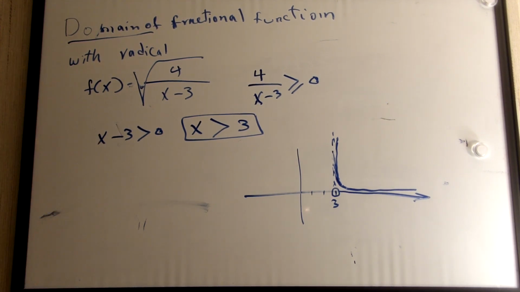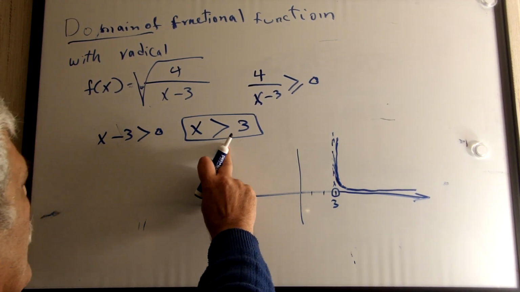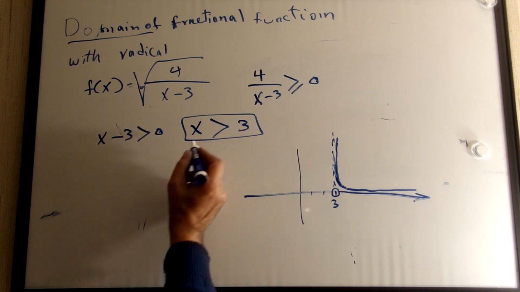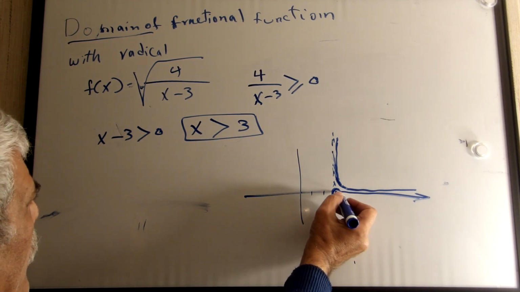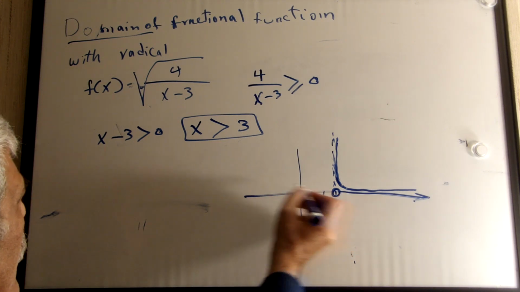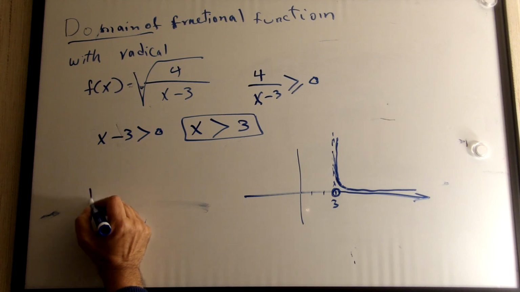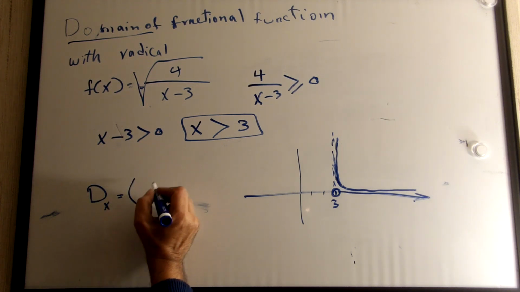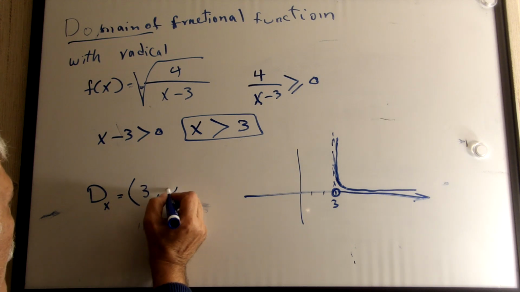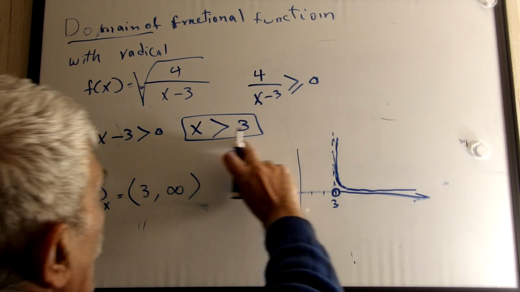So what is the domain of this? The domain, it says that x is greater than 3. Okay, it's greater than 3. Open circle, it's not filled. So the domain of this function is going to be from 3 up to infinity, whatever is larger than 3.